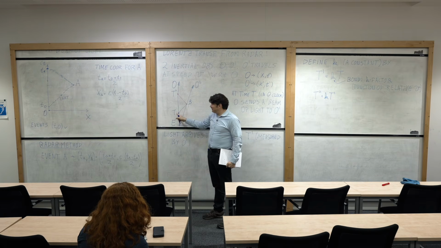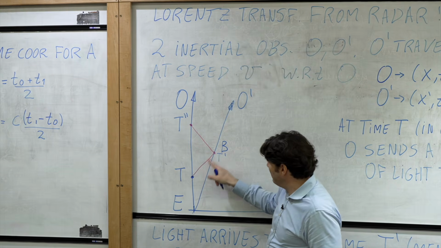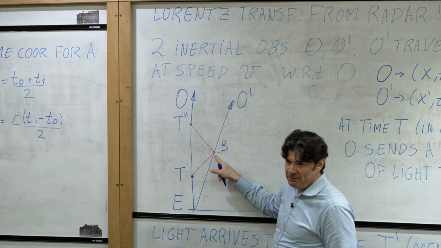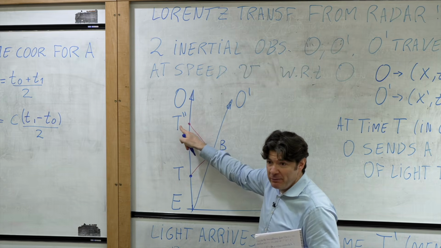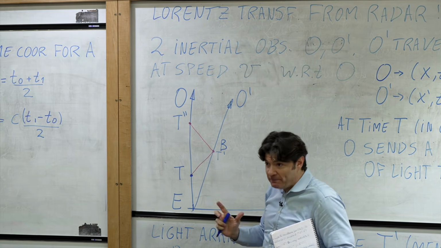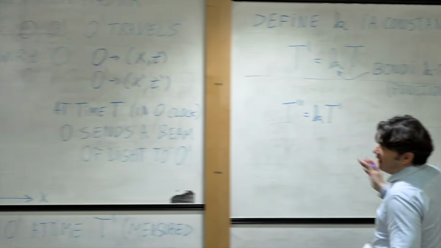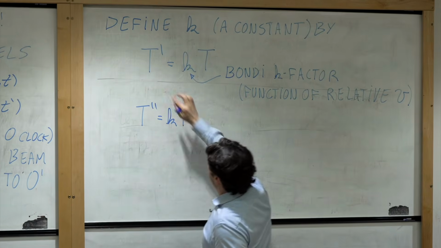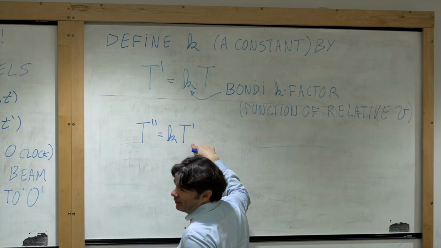So at time T, we send a beam of light, which is received at time T prime, and this observer at time T prime sends a beam of light back that is received at time T prime prime. So the relation is that T prime has to be KT, and T prime prime has to be KT prime.